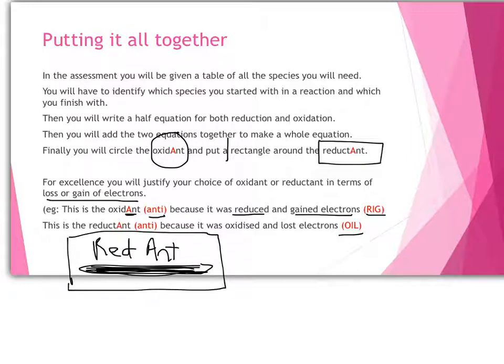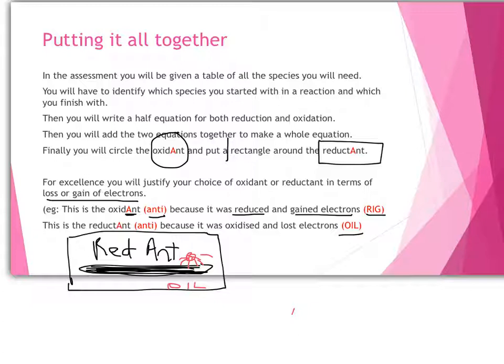So if you've got this red ant and it's sitting on a puddle of oil, you're going to remember that when you say something's a reductant, then it's all about oxidation is loss. Oxidation is loss.